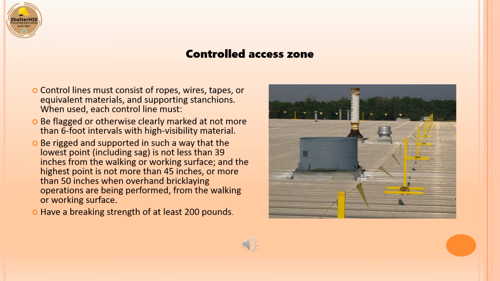Be rigged and supported in such a way that the lowest point, including sag, is not less than 39 inches from the walking or working surface, and the highest point is not more than 45 inches, or more than 50 inches when overhand bricklaying operations are being performed, from the walking or working surface. Have a breaking strength of at least 200 pounds.